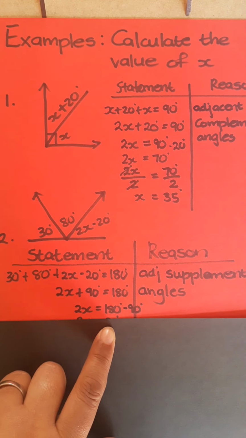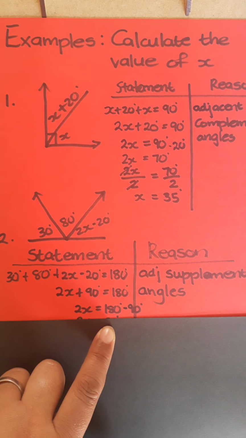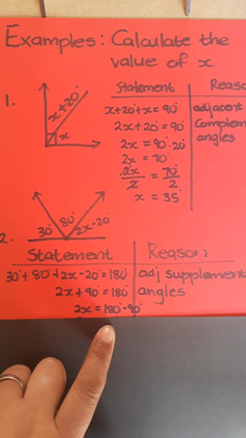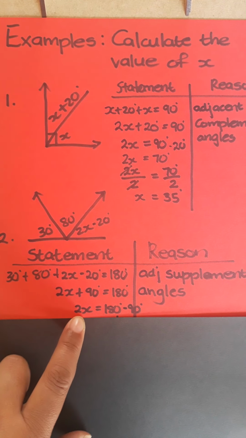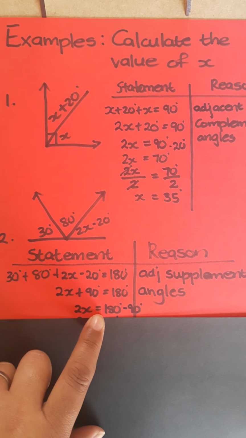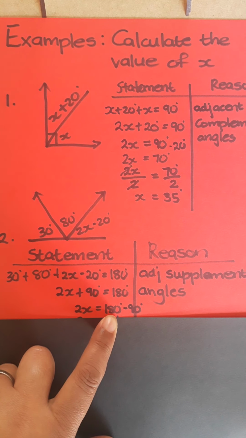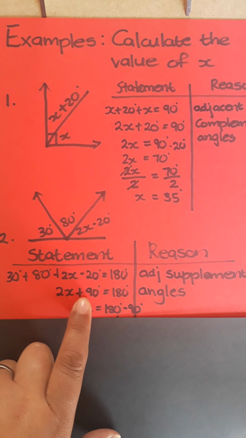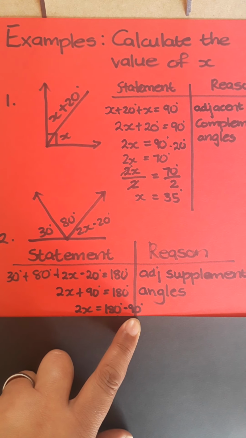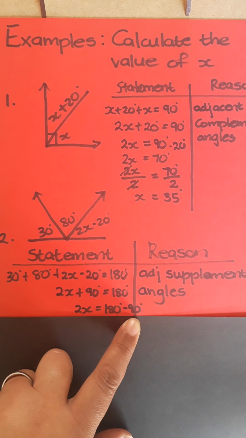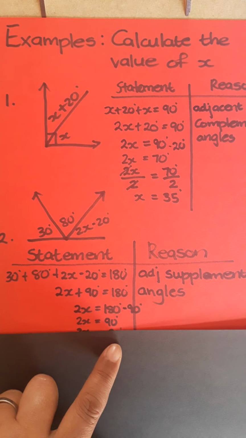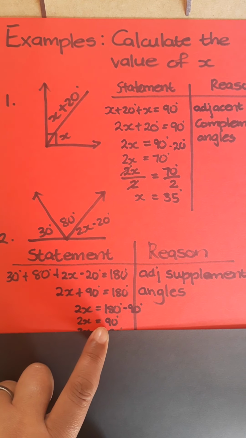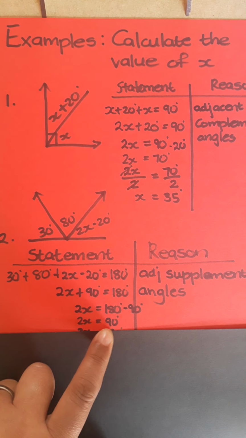Our next step is to separate the x's from the constants, which in this case are the angles. So my 2x remains on the left-hand side, which is equal to my 180 degrees, which is positive. But look what happens to the 90. When I transpose it, it becomes minus 90 degrees. So in that line, it reads 2x equals 180 degrees minus 90 degrees, so 2x equals 90 degrees.